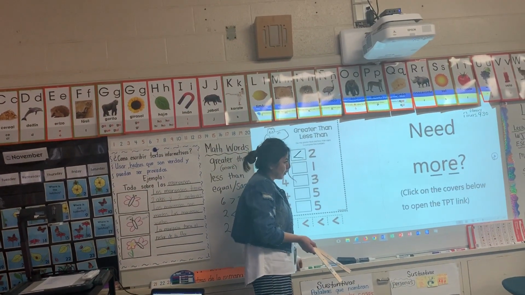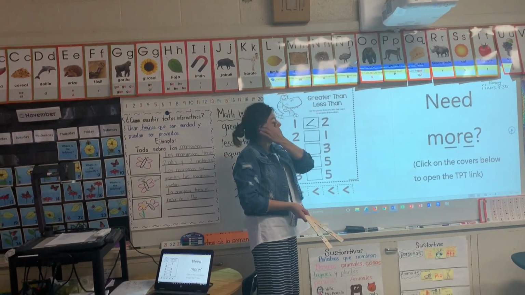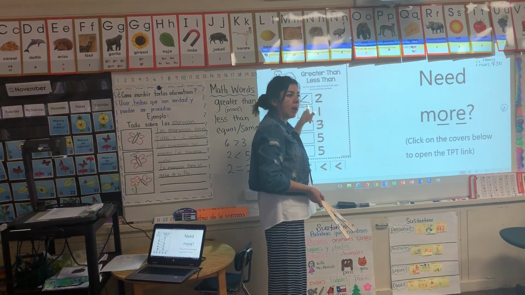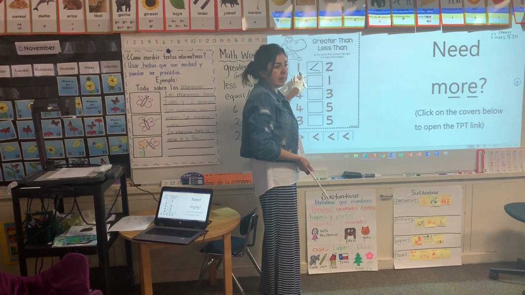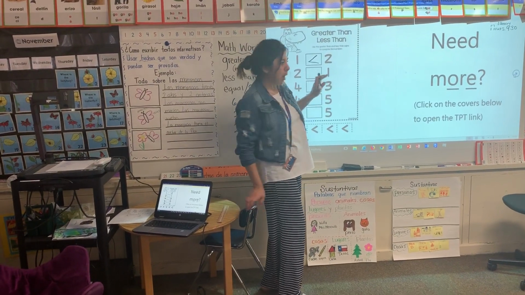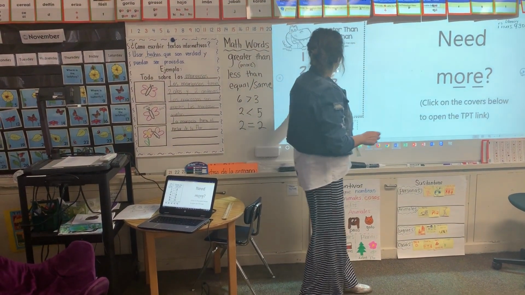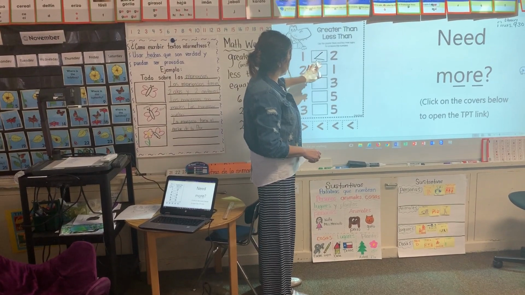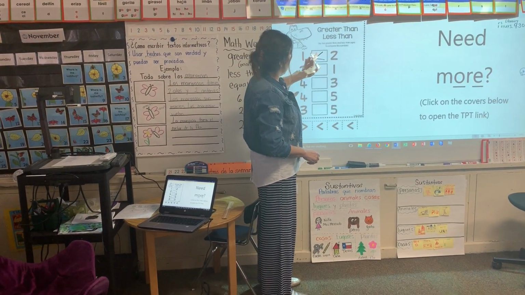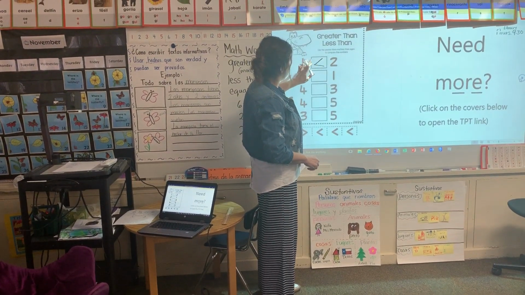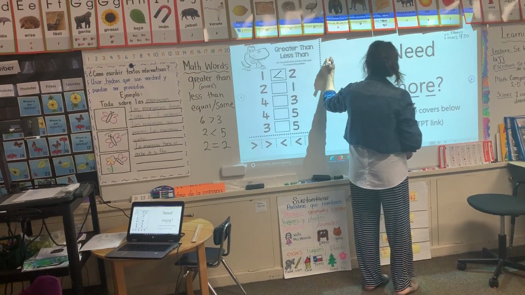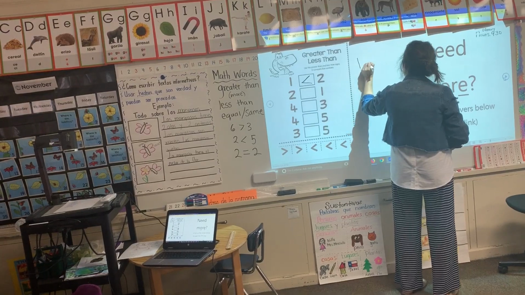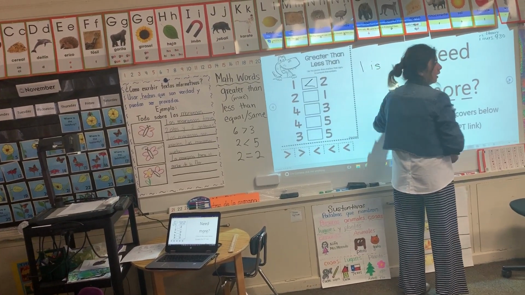Yes. Okay, great. Now let's do another way. How would we read this math problem here? Because we now know that this symbol is greater than, 2 is greater than 1, right? So how would we read this? When we say 1 is what?